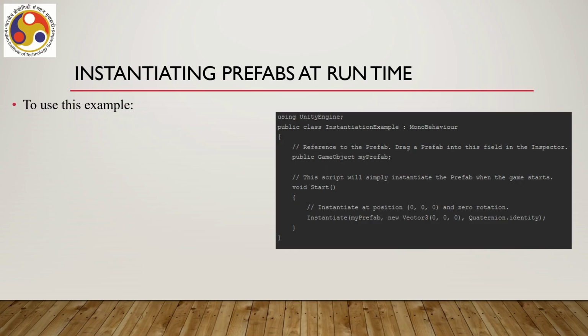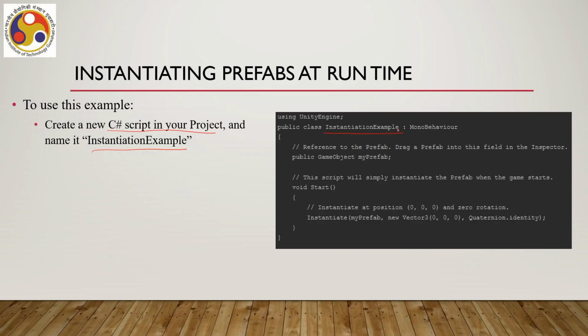Now, what do we need to do at the code level? Create a new C# script in your project and name it InstantiationExample, maybe a sample code as seen here in this console.